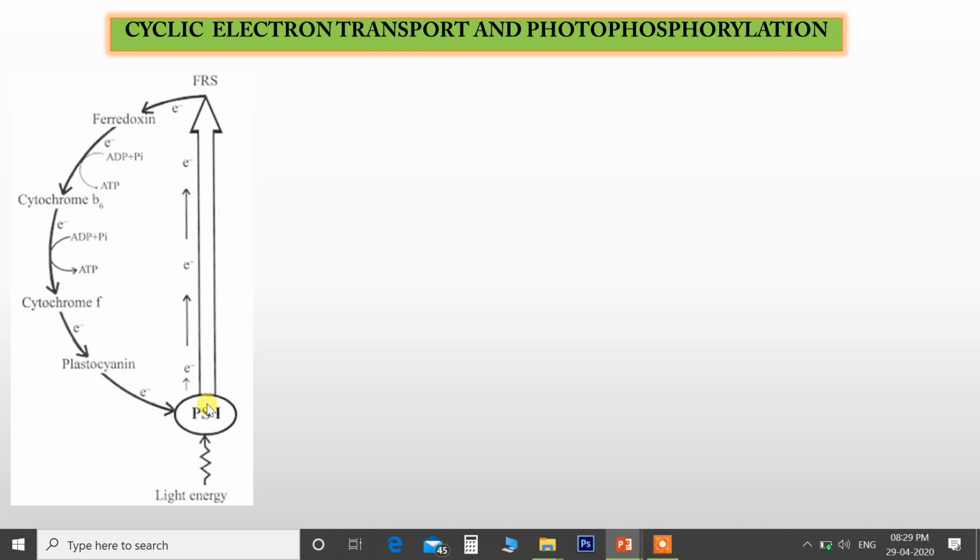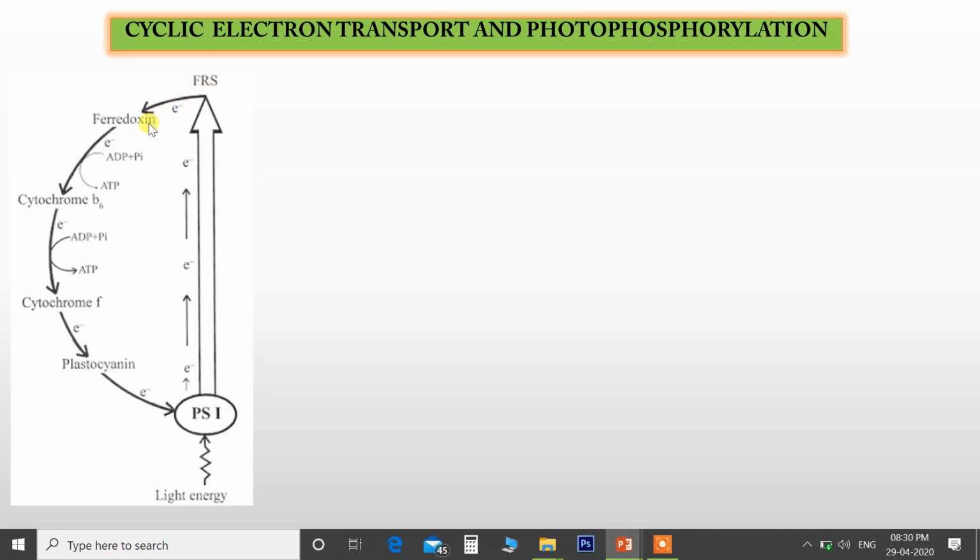The P700 of PS1, when it is excited by photons of light, is excited to a high energy level and it releases electrons. These electrons are first accepted by the same compound, ferredoxin reducing substance, that we have mentioned earlier while explaining non-cyclic electron transport.